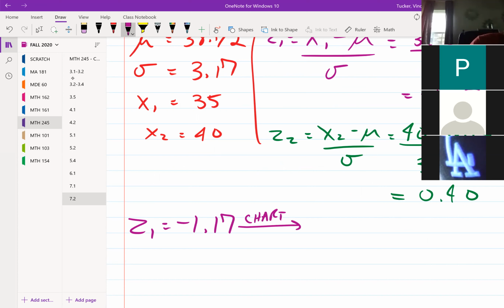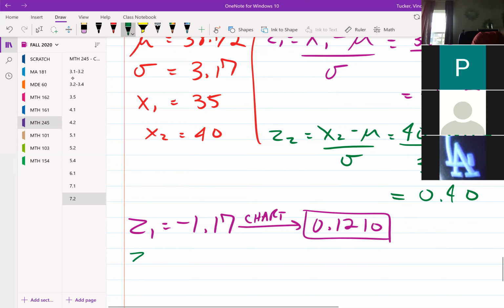That's going to be 0.12, 0, and here 0.65.